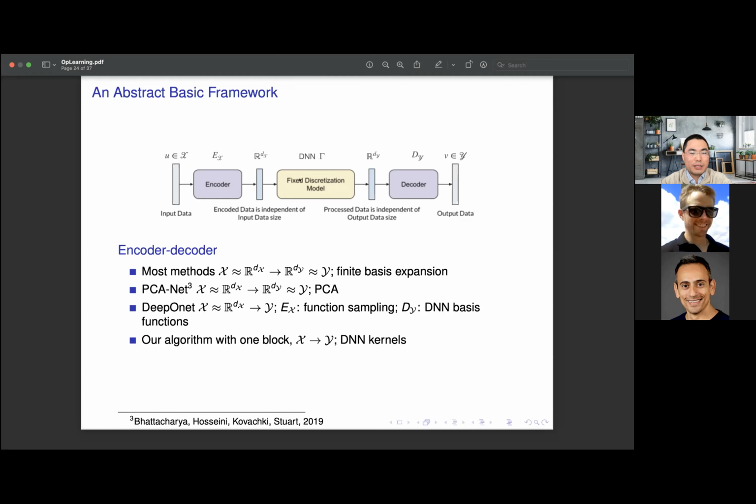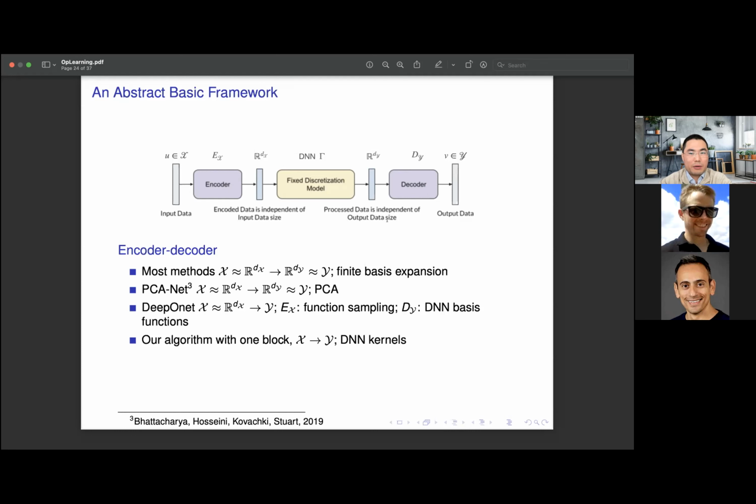And you have a fixed size neural network in middle to get some operator learning algorithm. You can also think about this basic structure as a DeepONet, where the encoder is some sampling algorithm and the decoder is a neural network-based PCA. Then this basic structure will become the structure in DeepONet.